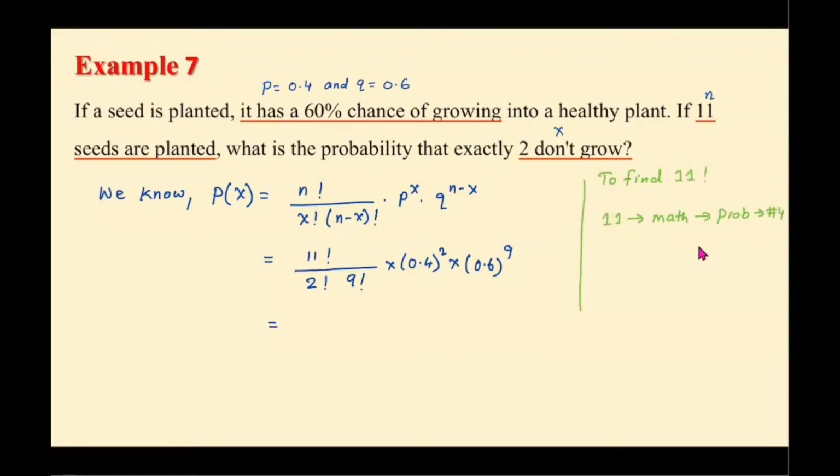This is how you'll be able to type a factorial. If you do all this in your TI-84 calculator, you'll see 11 factorial on your screen. So you can try that.